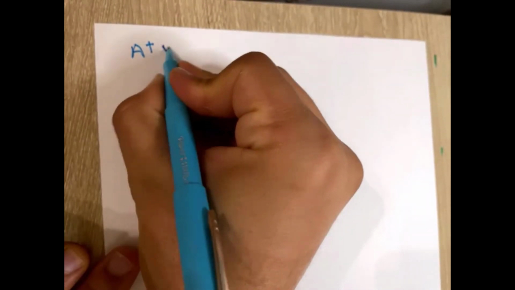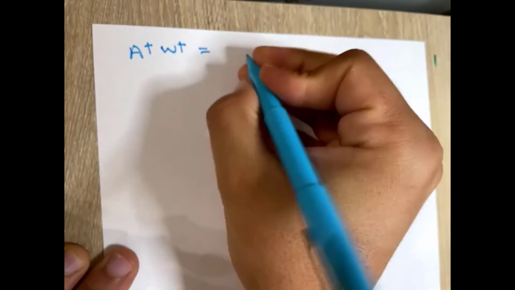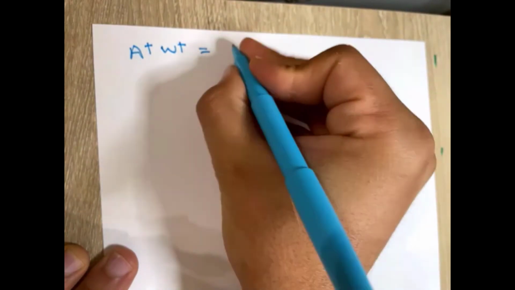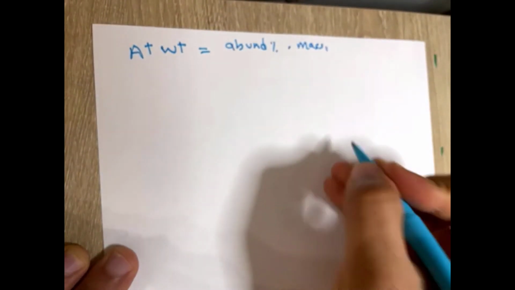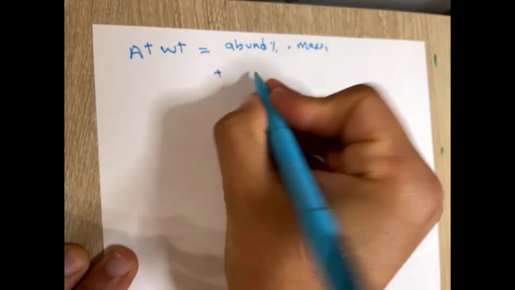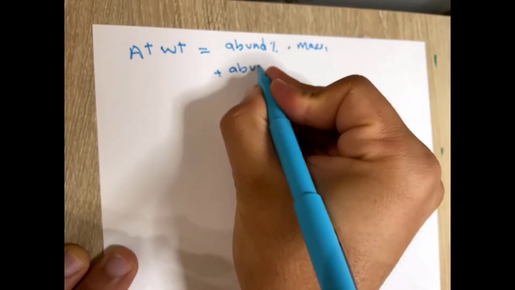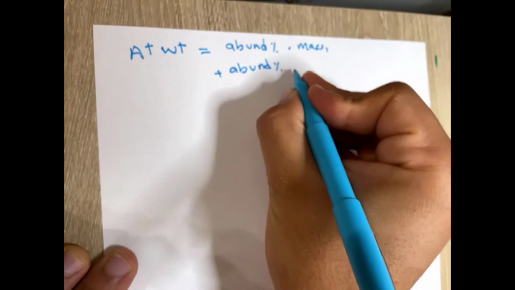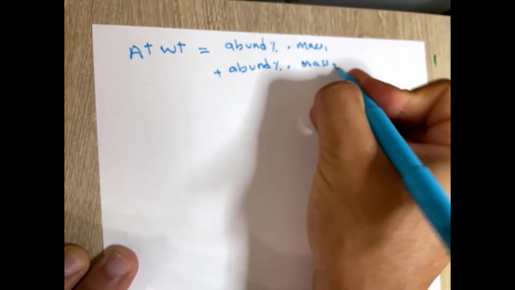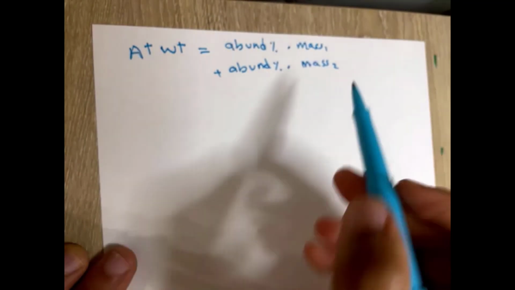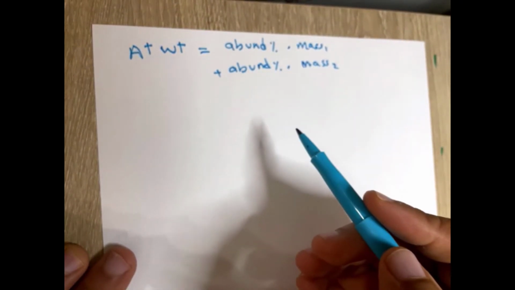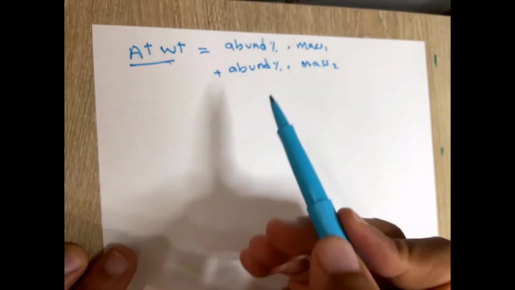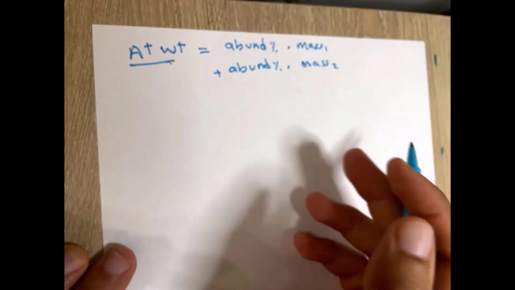So we know that the atomic weight equals the percent abundance of isotope 1 times the mass of isotope 1 plus the percent abundance of isotope 2 times the mass of isotope 2. In the previous example, we were given the relative abundances and the different masses of different isotopes, and we were able to calculate the atomic weight. We can go the other way around.